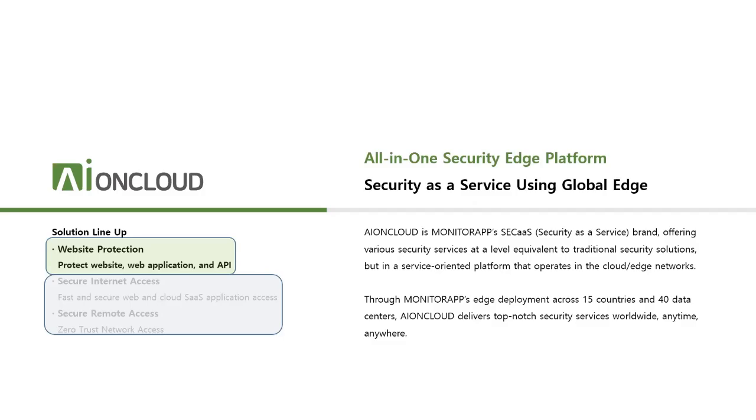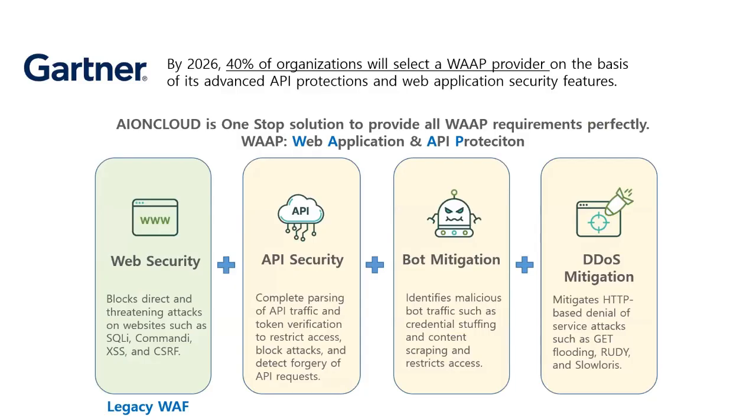According to Gartner, legacy web application firewall is not enough anymore. And for perfect web security, you need a more complete solution named WAAP, which stands for Web Application and API Protection.